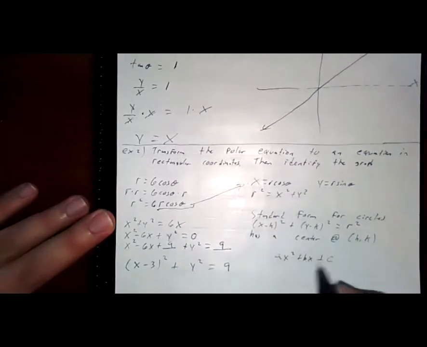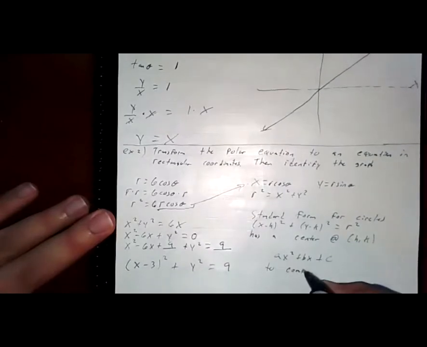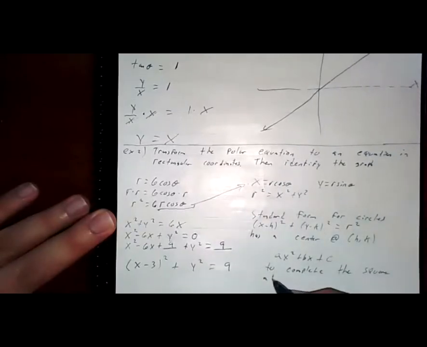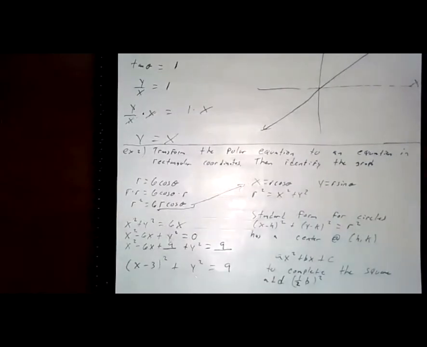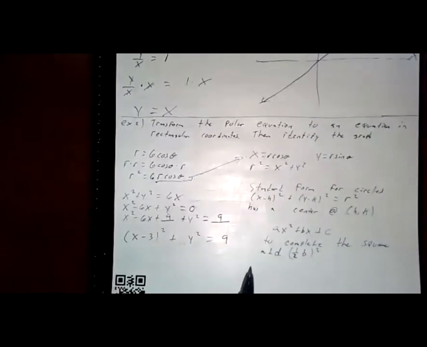So to complete the square, add half of b, squared, to both sides. If you don't have two sides, then you'd add it and subtract it.